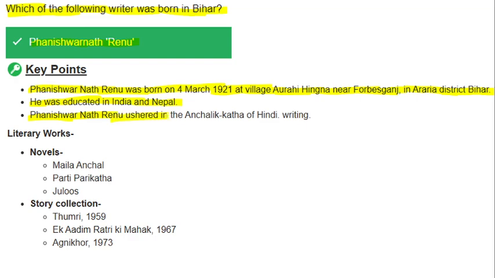Phaniswar Nath Renu ushered in the Anchalik Katha of Hindi writing. Literary works of Phaniswar Nath Renu: novels, Maila Achal, Parthi Parikatha, Julus; story collections, Thumri 1959, Ek Adim Ratri Ki Mahak 1967, Agni Khor 1973.